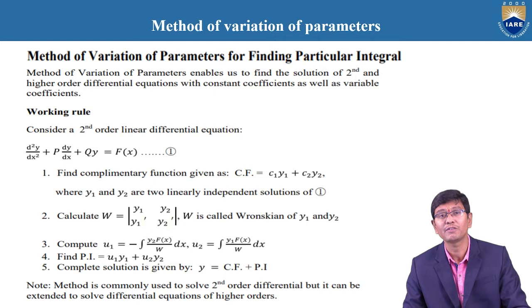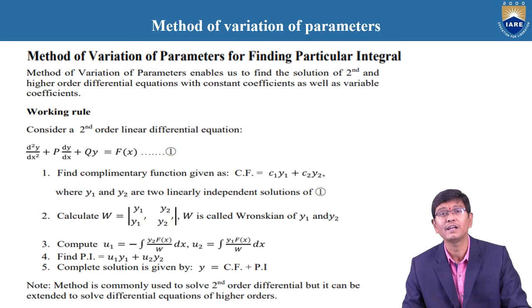We also need to find the Wronskian value. The Wronskian is the determinant of y1, y2 and y1 dash, y2 dash, where W is called the Wronskian of y1 and y2.